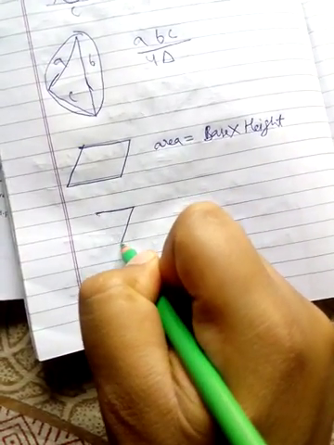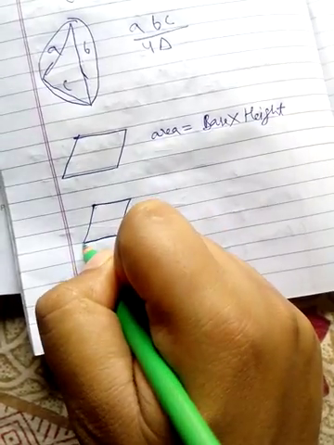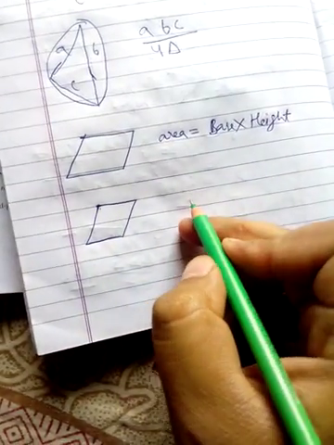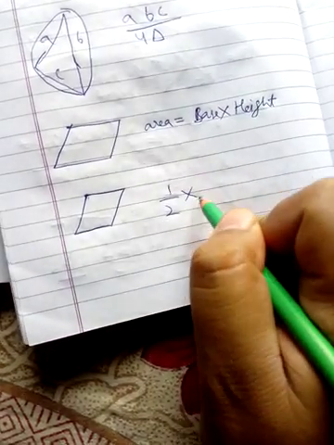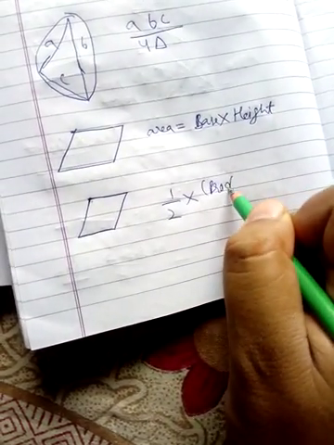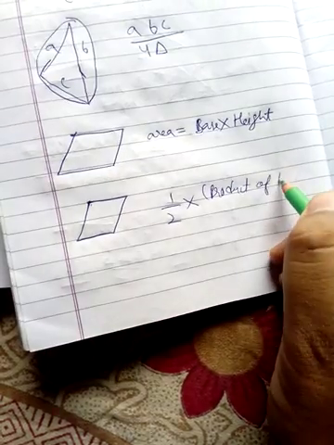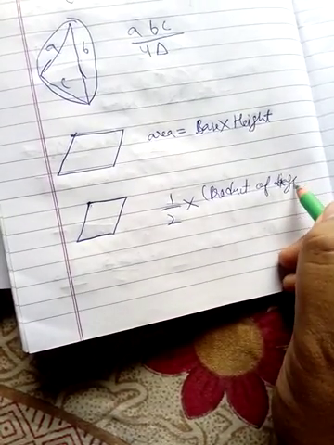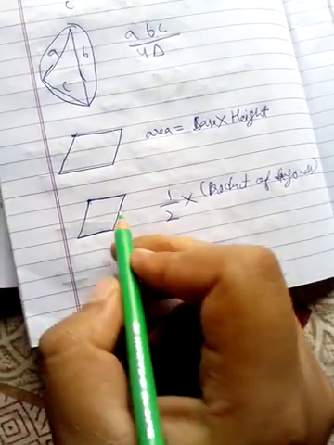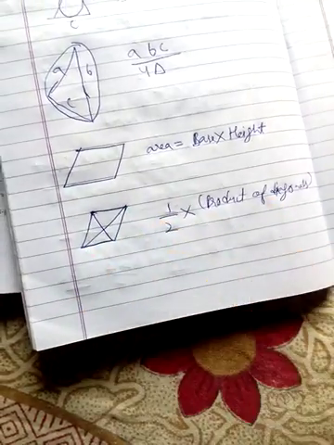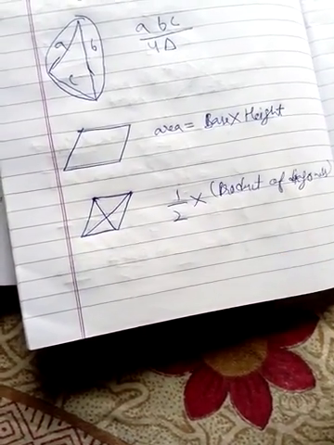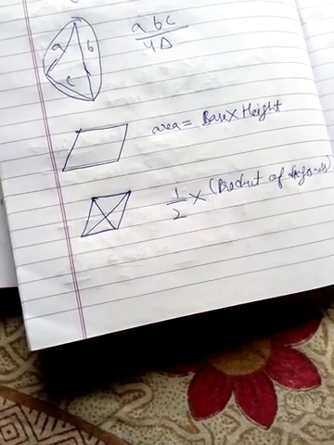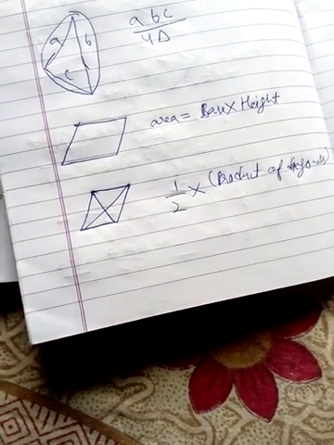A rhombus looks like this. All its sides are equal, and its area looks like this. Product of diagonals. So this is the rhombus, and the product of its diagonals into half is its area.